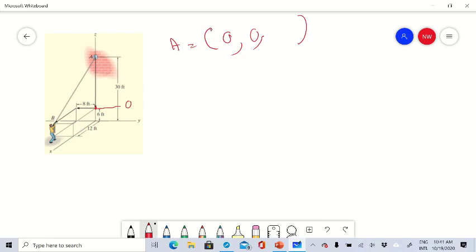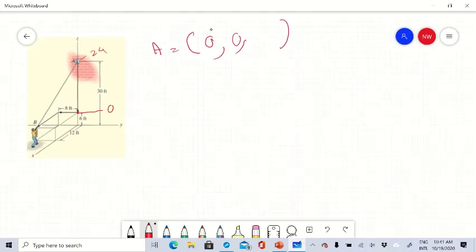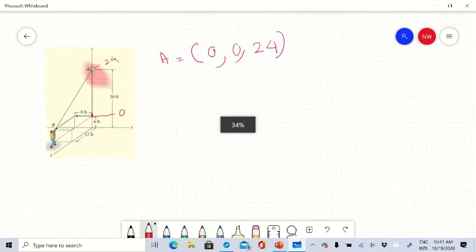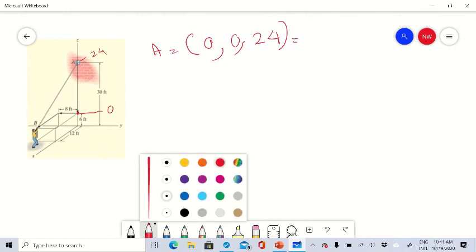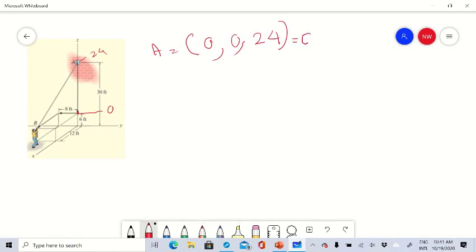This point is 24, right? So this is 24. If I put it in Cartesian vector form, I can write this as 0i plus 0j plus 24k, which means it is 24k, right?